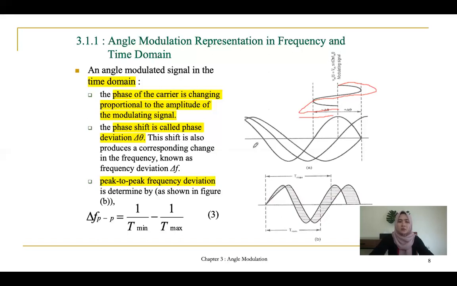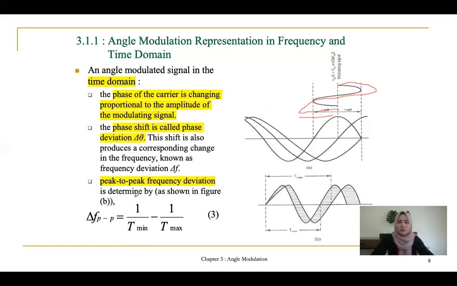Other than that, we can also calculate the peak-to-peak frequency deviation, delta F peak to peak. Delta F peak to peak is 1 over T min minus 1 over T max. T is the time taken for one cycle.